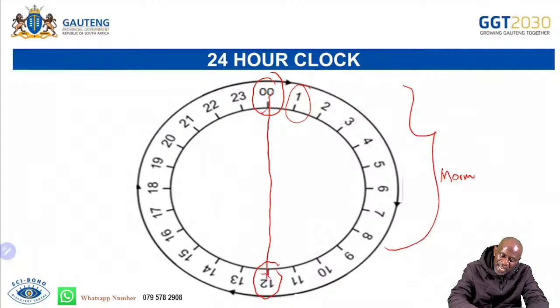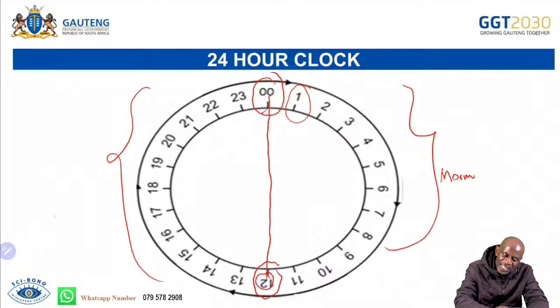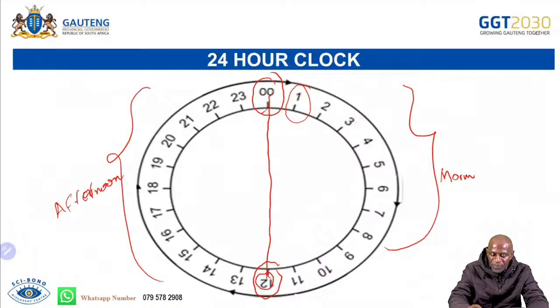And from the half-hour mark, the times on this side indicate that it is afternoon. So we work on a 24-hour clock basis and nothing else.